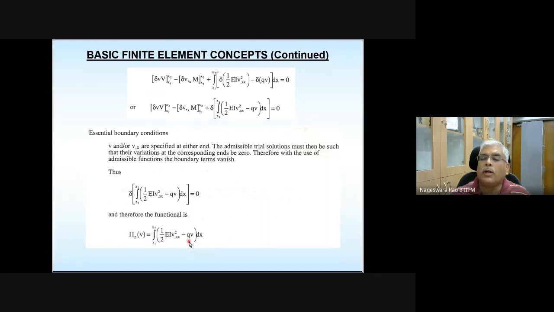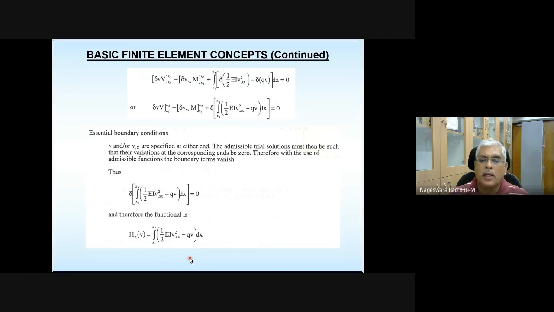And what about the load? The load applied is a transverse load. So load times transverse displacement integrated from x1 to x2 is going to be your work done by the applied external load. This functional you can directly write without going through all this procedure if you are good in structural mechanics concepts.